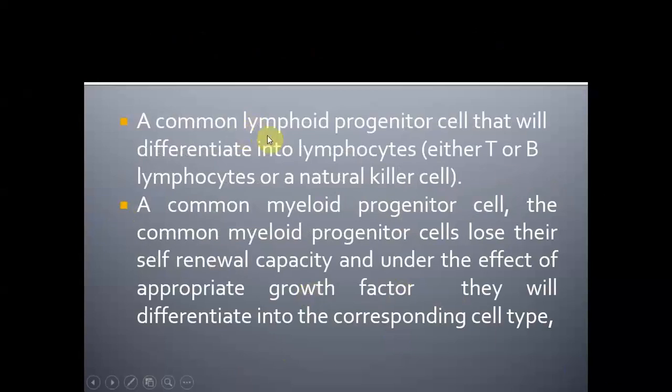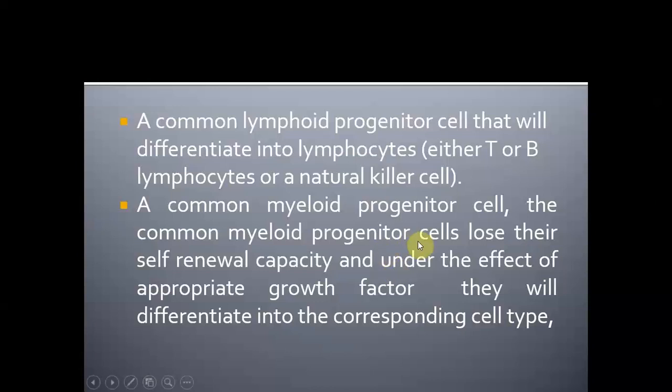So we'll have a common lymphoid progenitor cell that will differentiate into lymphocytes, which can be T or B lymphocytes, or what we call natural killer cells, which are also a subset of lymphocytes.